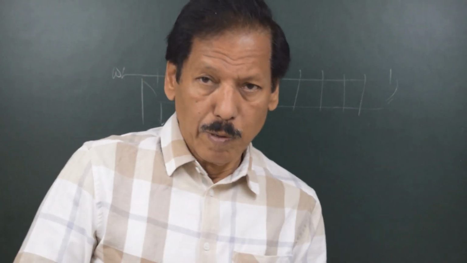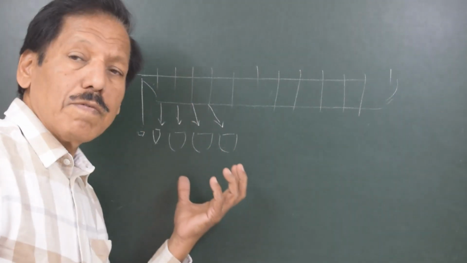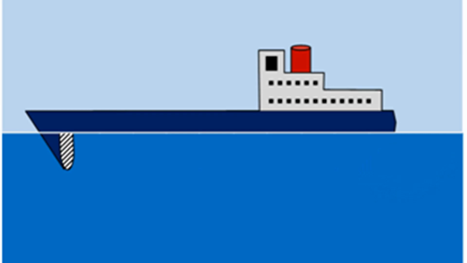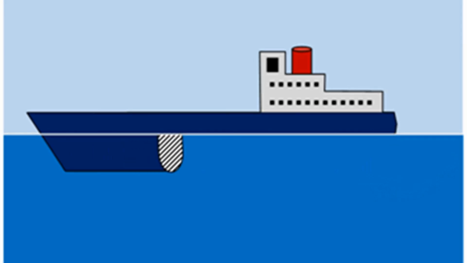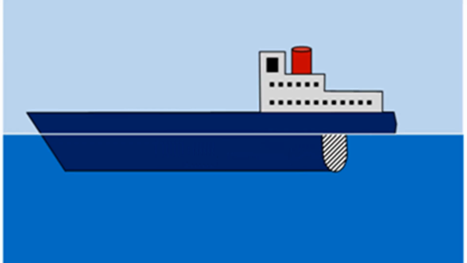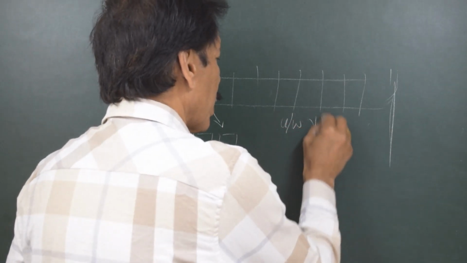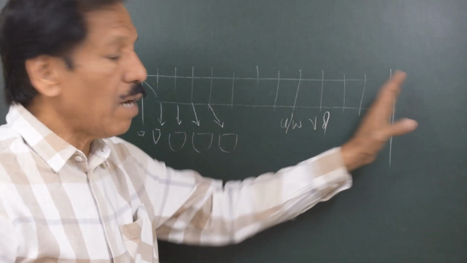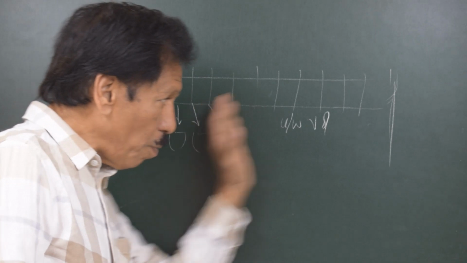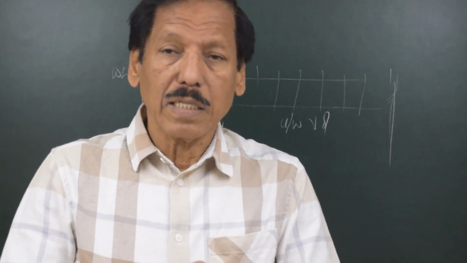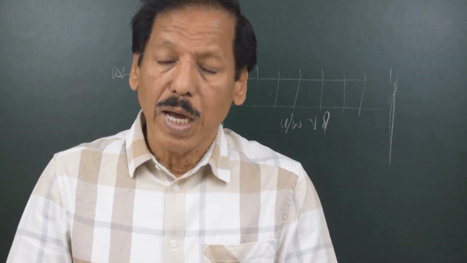We must have heard about the Bonjean curve. So the Bonjean curve gives you the transverse underwater area at a given draft, at a given trim, right? So if we Simpsonize all these areas about the aft perpendicular or the aftmost ordinate, what we can get is the underwater volume. And also, because we have taken the aft ordinate as the first ordinate, if we take the moments about the aft ordinate, we can also get the LCB. So this is yet another method to find out the underwater volume and LCB.